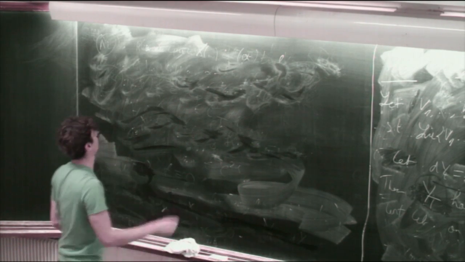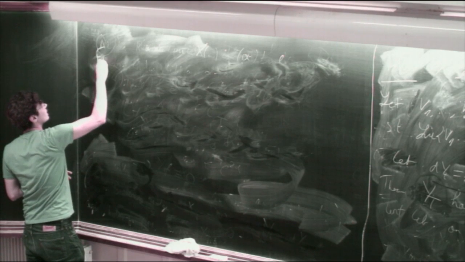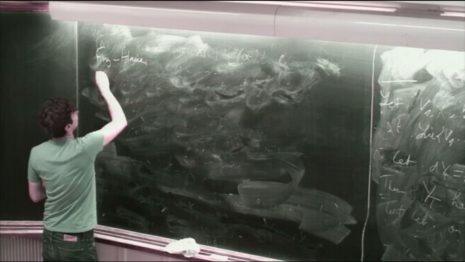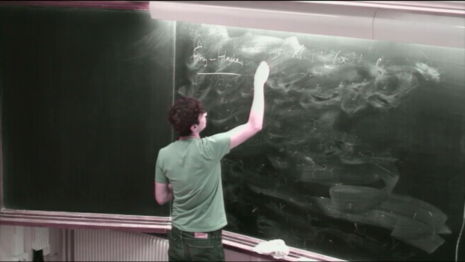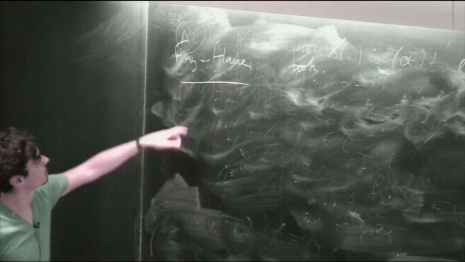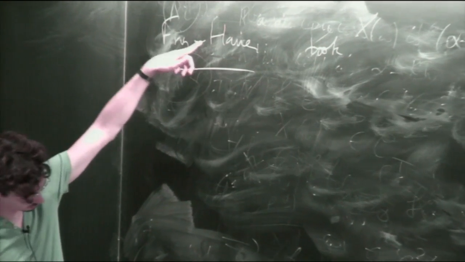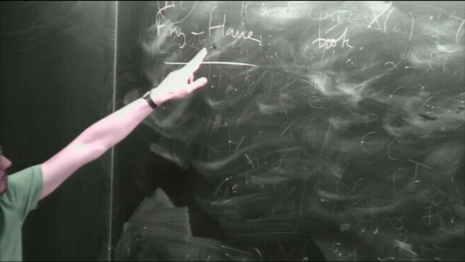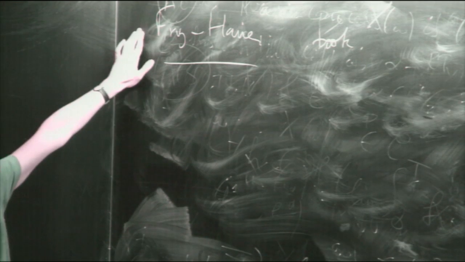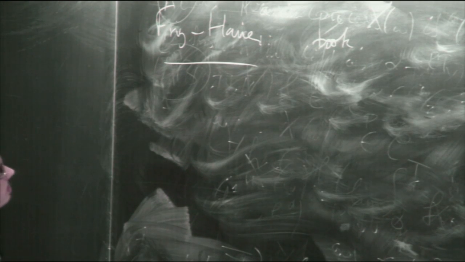Well, they basically have this exact proof. So Friz, Hairer. It's a book called A Course on Rough Paths. So you can buy it, or maybe easier, it's available for free as a PDF on Martin Hairer's website. Okay, so this is the presentation which I have followed, which is the simplest presentation, I would say.